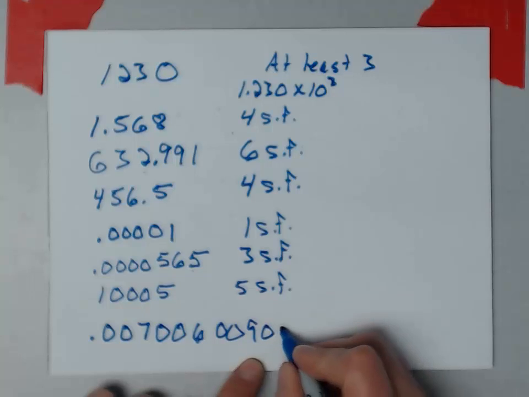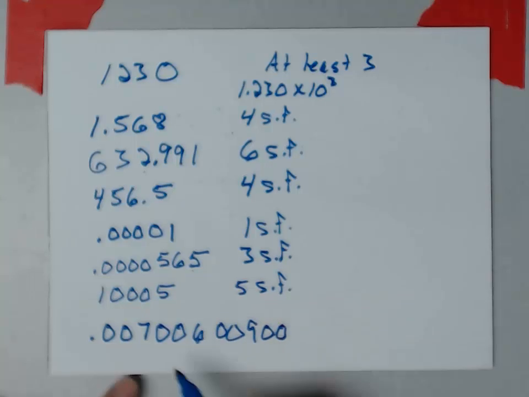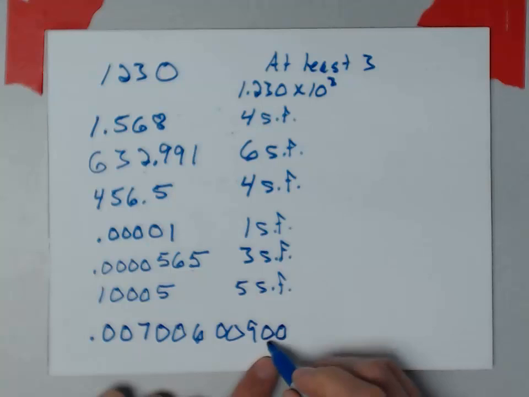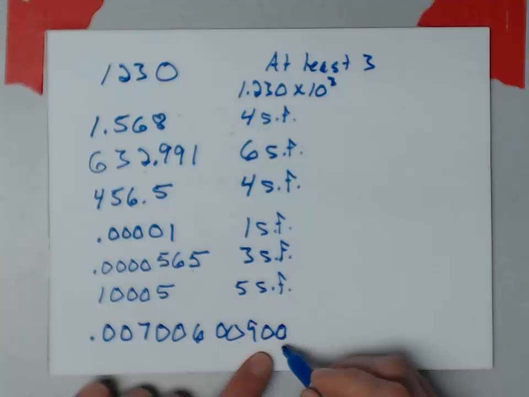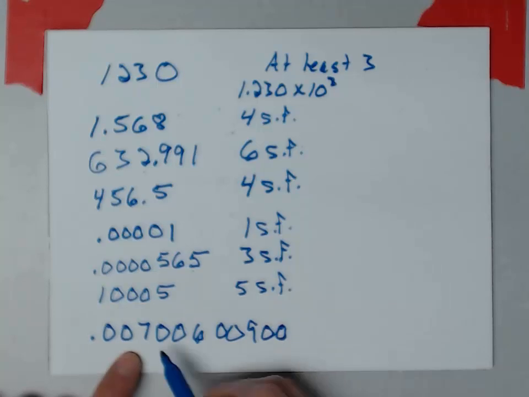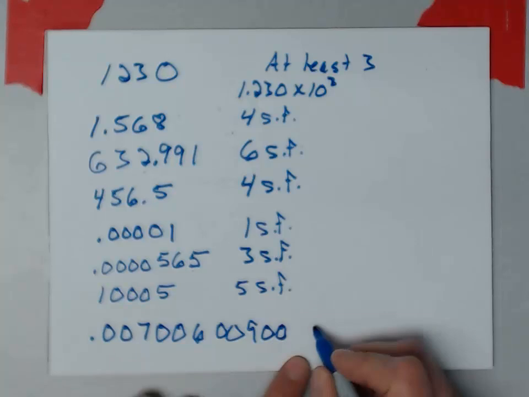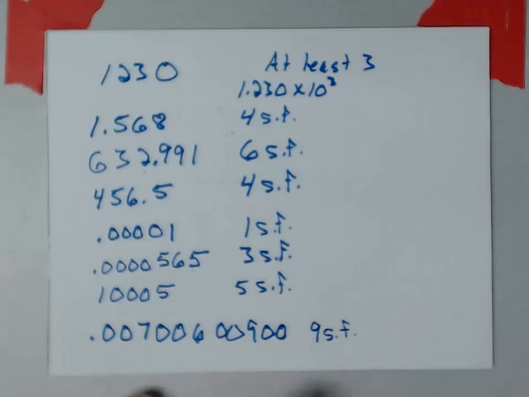And if I tagged a couple on the end and the number was written this way, when they're tagged on the end that way, to the right of a decimal point, they're considered significant. So here I'd have 1, 2, 3, 4, 5, 6, 7, 8, 9 significant figures there. So that's the way that I would write that thing.